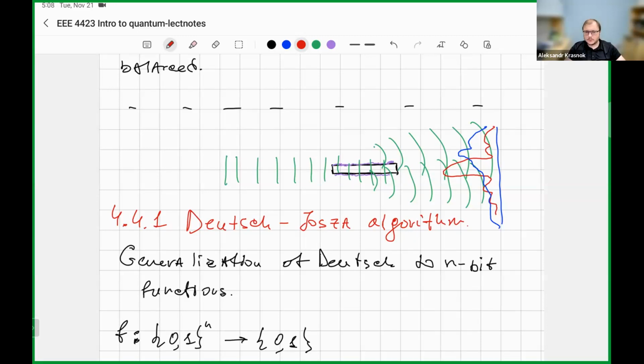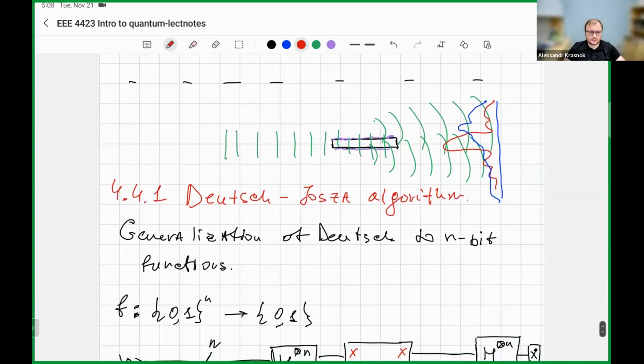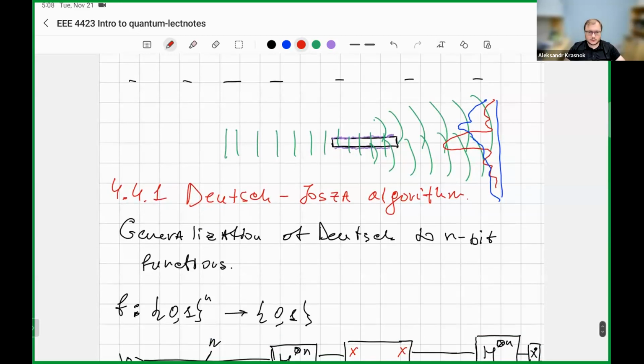And if the interference pattern is symmetrical, then the coin is fake, right? It has two identical sides. Otherwise, it's a fair, good coin. So this is an example of how wave phenomena can help us to solve these kinds of problems.